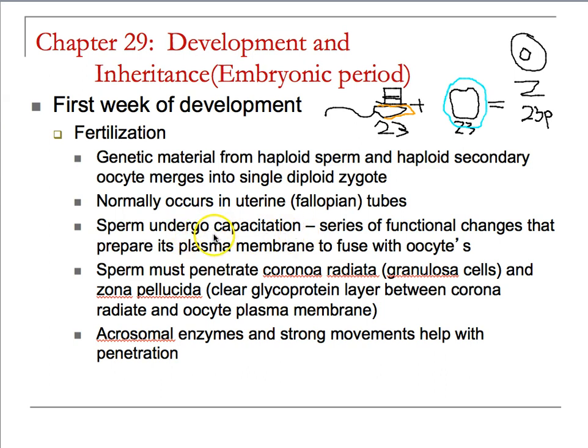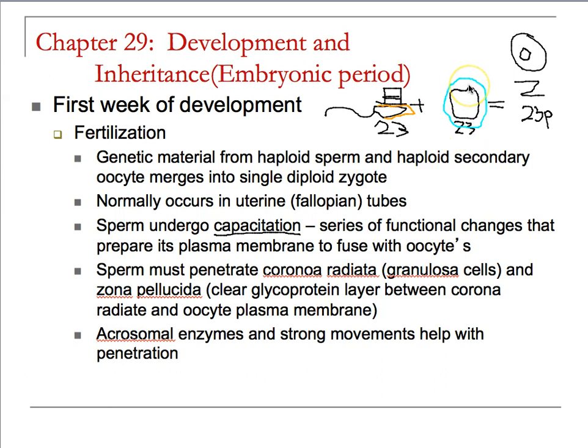That will yield capacitation, meaning once inside the vagina, it becomes functionally different, so it can now fuse with the oocyte. The acrosomal cap will begin digesting the corona radiata and the zona pellucida.